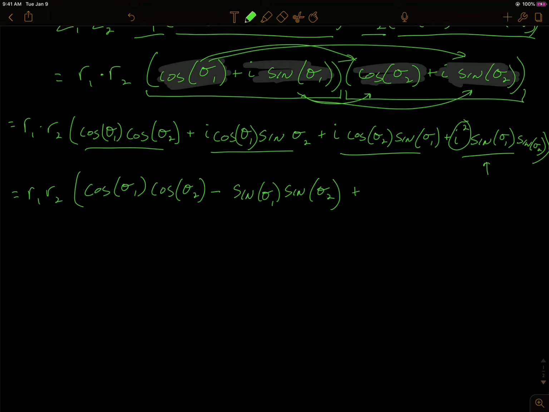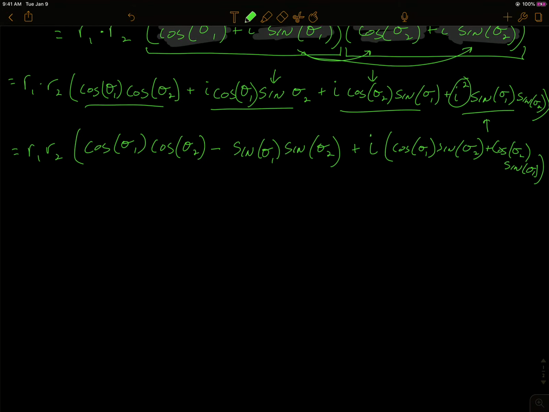And we're going to factor out the i as well. So i times, now these are the two parts that have the i in them: cosine theta sub 1 sine theta sub 2 plus cosine theta sub 2 times sine theta sub 1. I had to squish it in at the end.